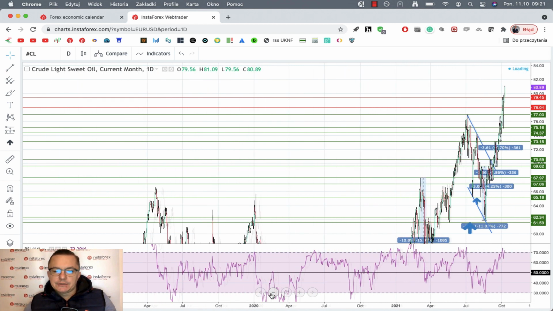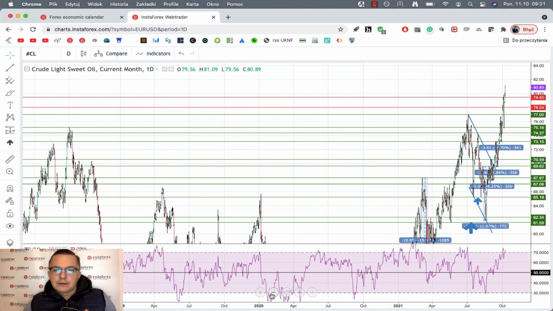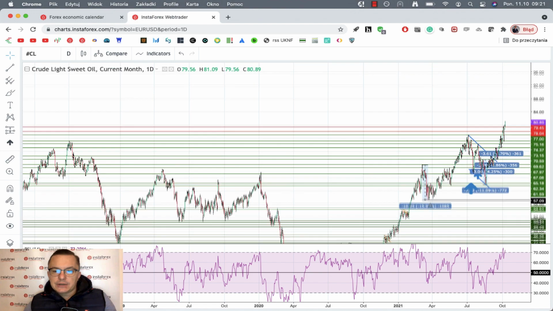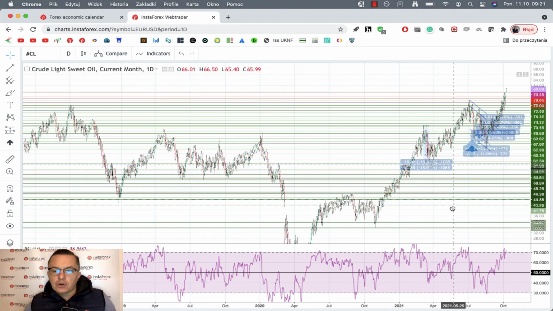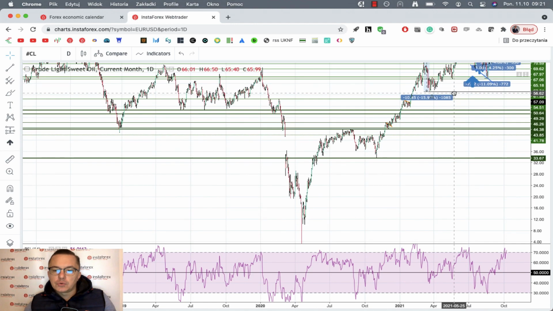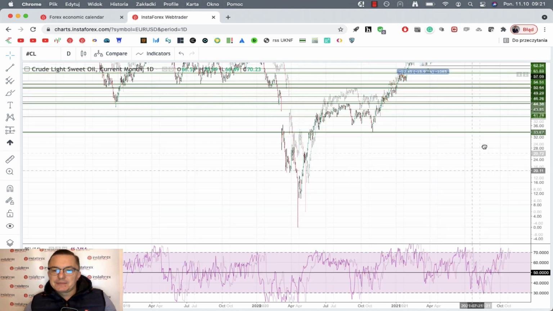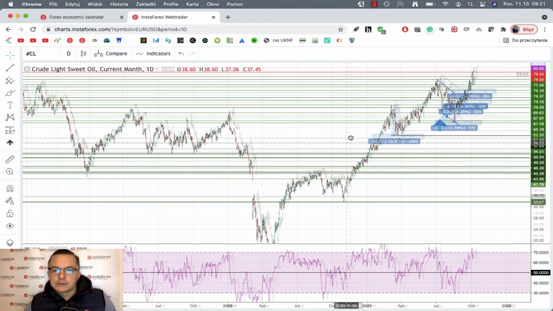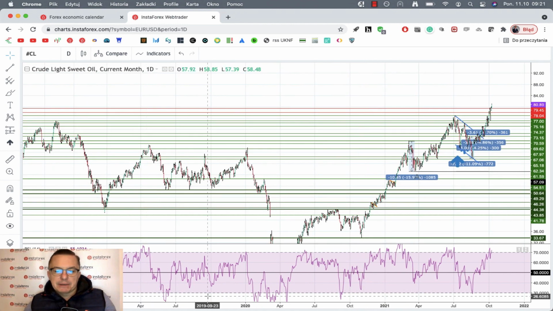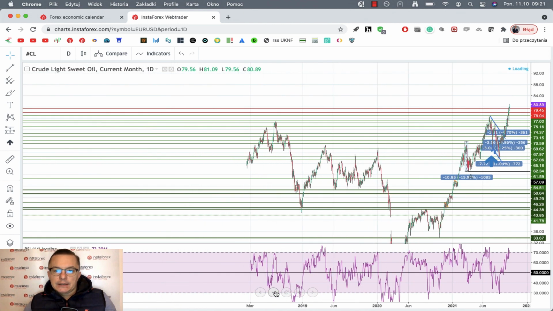As you can see, I'm just zooming out on the chart, and this is already 2019. This is 2018. That's the high, I guess, $74. We are trending higher. Very strong uptrend on crude oil after, of course, the infamous drop during the coronavirus pandemic in March.